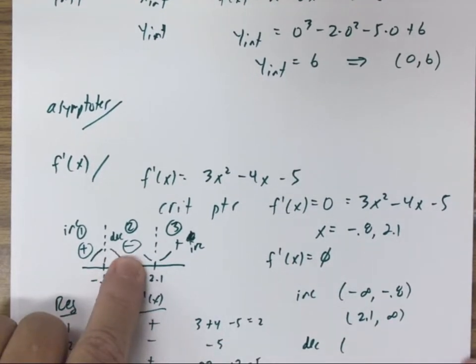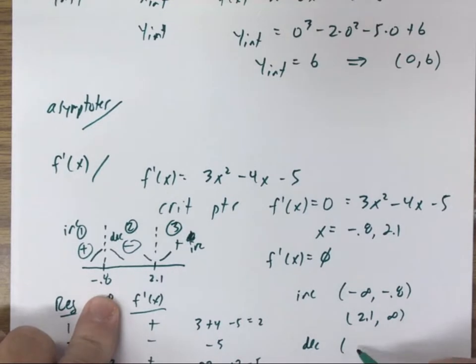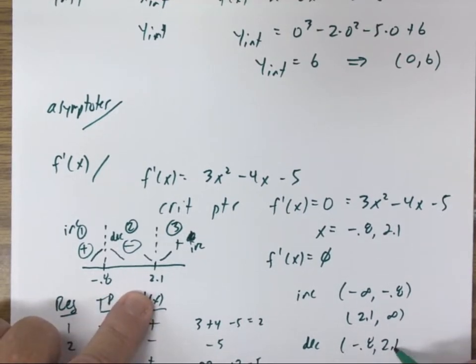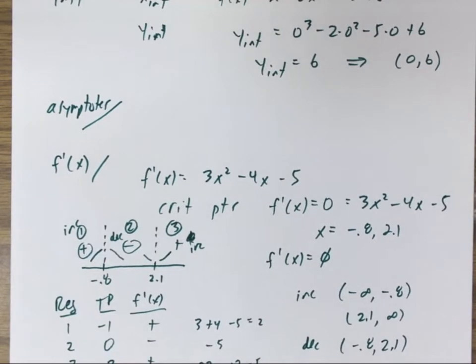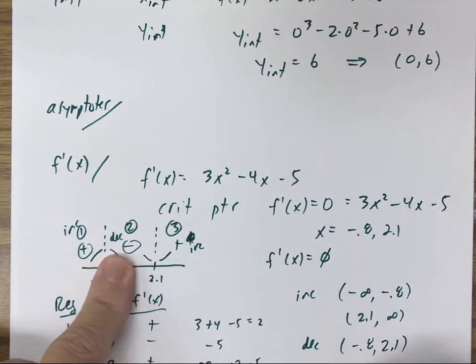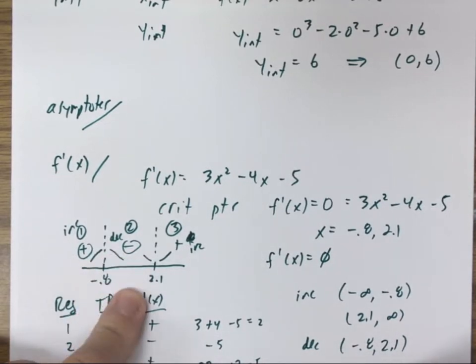It's where the first derivative is negative, and it's from negative 0.8 to 2.1. And also, because I know the first derivative changes from positive to negative at x equal to negative 0.8, we're going to have a maximum. And when x is equal to 2.1, it looks like we have a minimum.